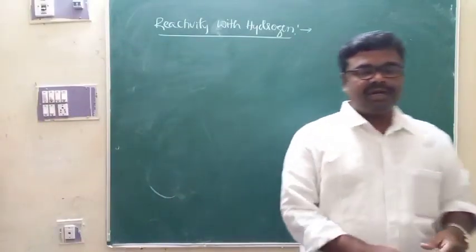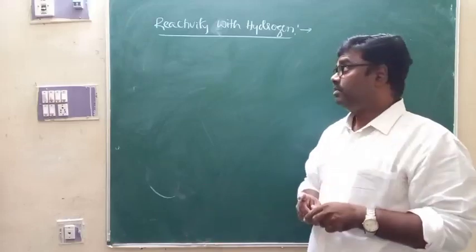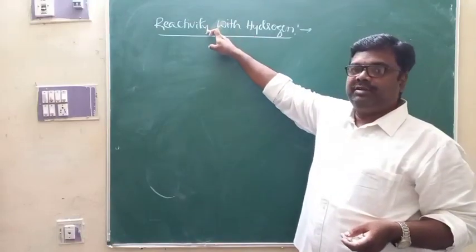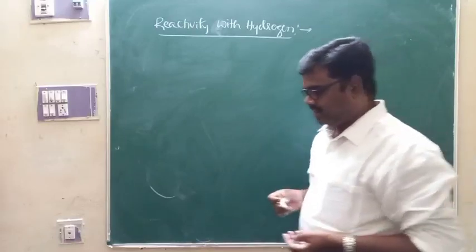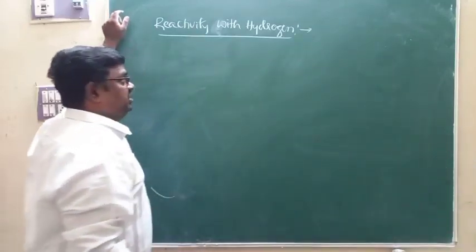Under the chemical properties of group 16 elements, you are supposed to study reactivity of group 16 elements with hydrogen, as you studied in the case of group 15 elements, reactivity with hydrogen.